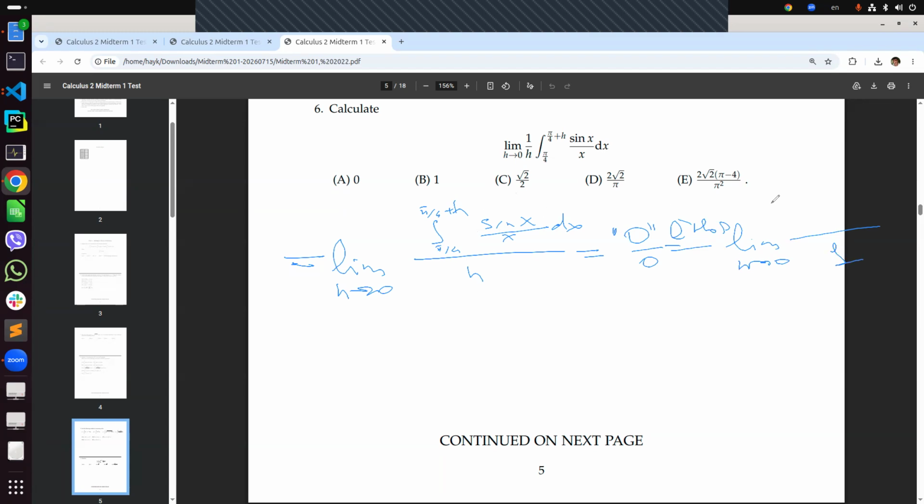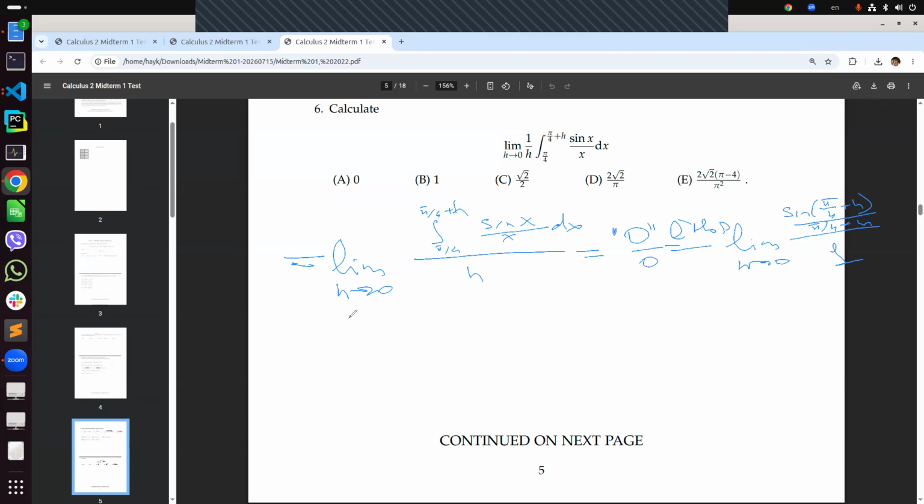And above, applying the fundamental theorem of calculus, instead of x we have to plug in pi over 4 plus h, divided by pi over 4 plus h, multiplied by the derivative, which is 1.